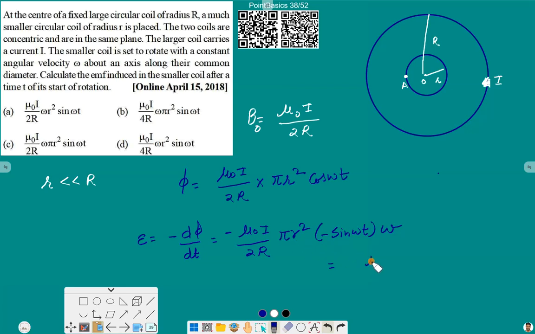We will have mu naught I omega pi r square divided by twice of R into sine of omega t, and that matches with option C of our question.